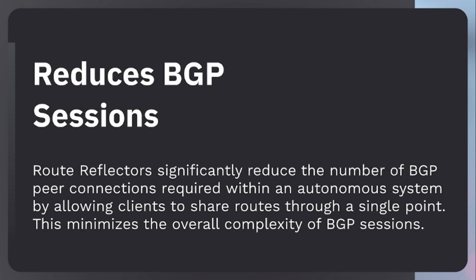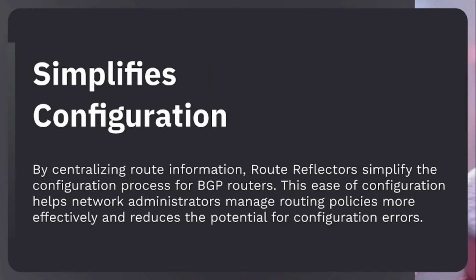This minimizes the overall complexity of BGP sessions. So we are not allowing all the BGP peers to share the routing updates with each other. They are sharing them with the central figure, the route reflector server, which forwards them to the other route reflector clients.